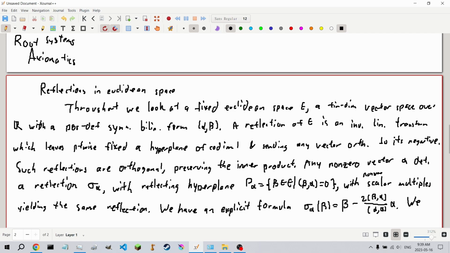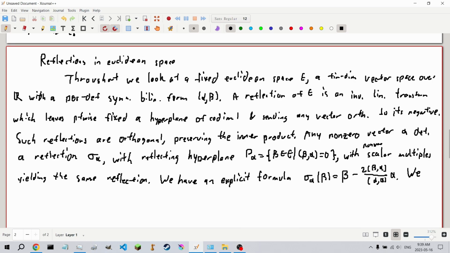And we are going to abbreviate this with the angle bracket of beta and alpha, referring to 2 times the form of beta and alpha over the form of alpha and alpha, which is linear in the first variable and the first variable only.